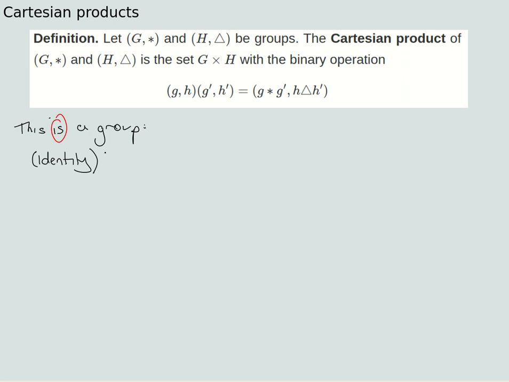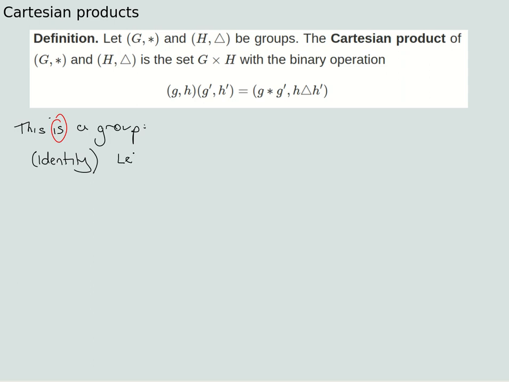So I have to produce an identity element and check that it satisfies the identity axiom, and the obvious candidate for the identity element is the ordered pair where the first element is the identity from the group G and the second element is the identity from the group H.